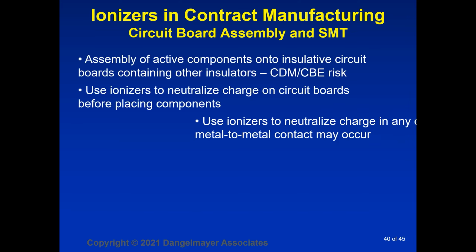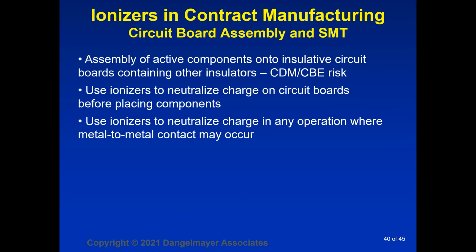We use ionizers to neutralize charge in any operation where metal-to-metal contact may occur. So we want to make sure that we have no charge on objects if they have unavoidable metal-to-metal contact. We talked about test handlers.